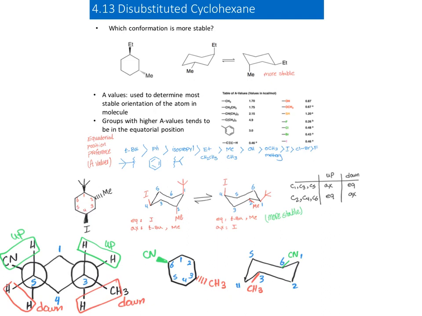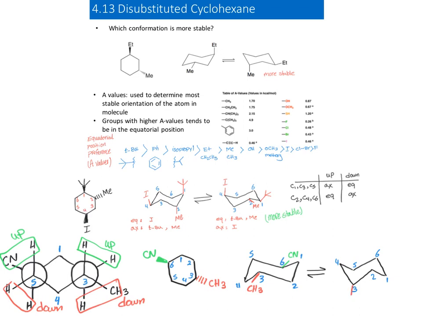Then we can draw the chair flip. So draw a chair flip. Okay, so upon chair flip, that would be carbon 1, 2, 4, 5, and 6. Now upon chair flip, the methyl, which was equatorial, becomes axial, and cyano was also equatorial, so that becomes axial.